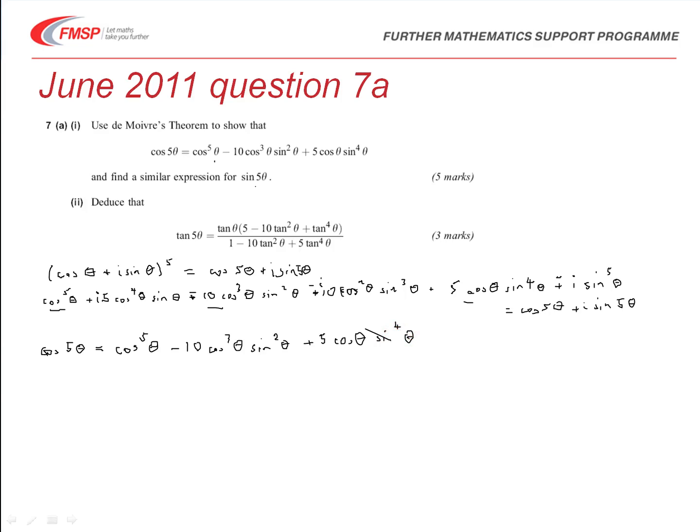And similarly to get sine 5 theta we're taking the imaginary parts. So what have we got?